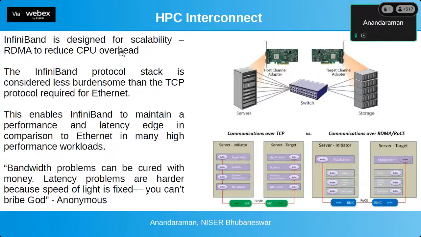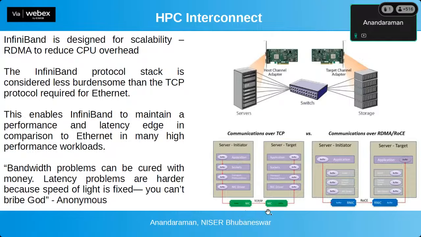So the CPU will not be involved in the IO. The CPU will be offloaded completely and will do only the computation task. The HCA, host channel adapter card, will do all the network work. Here you see TCP goes through every stack: application layer, socket, transport layer, network layer.